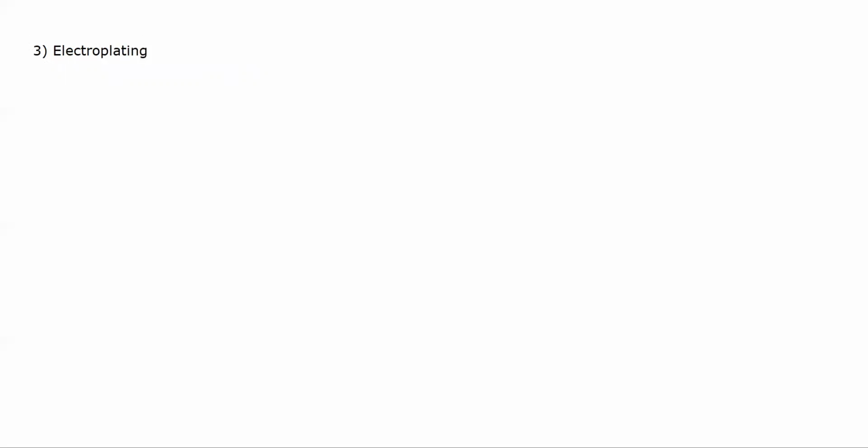Electroplating means covering the surface of iron with a less reactive metal, such as silver or platinum. So with any less reactive metal, we can do electroplating. Say you have an iron nail and you want to prevent this iron nail from rusting.